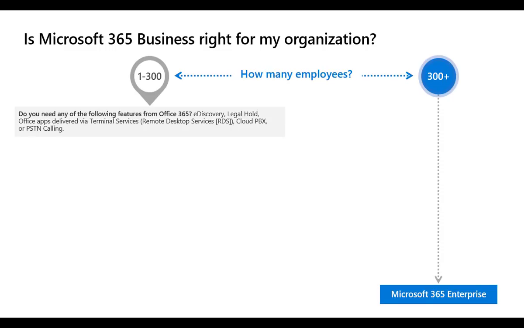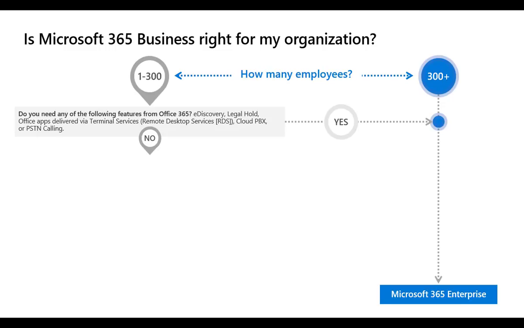Now, again, if you need some of the more advanced features, things like remote desktop services, the upcoming cloud PSTN calling and cloud PBX, then you'll need to move to the Microsoft 365 Enterprise SKUs, because they're giving you the Office 365 SKUs that allow that.